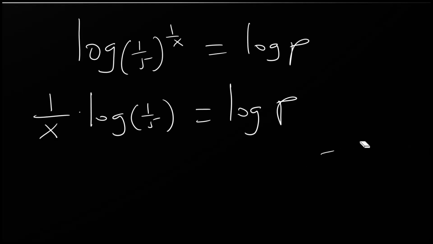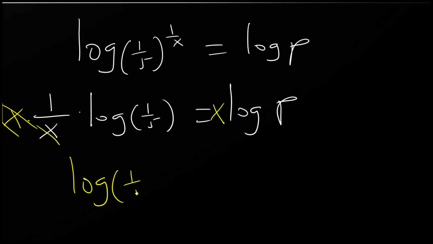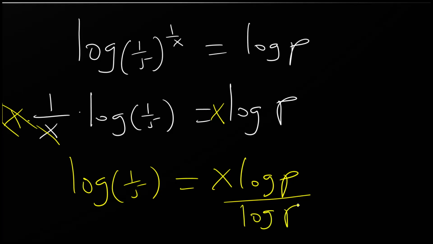Okay, so from here we can multiply both sides by x, so this side will cancel. So I believe we get log 1 on 5 equals x log p. Remember, we want x, so we can divide both sides by log p.